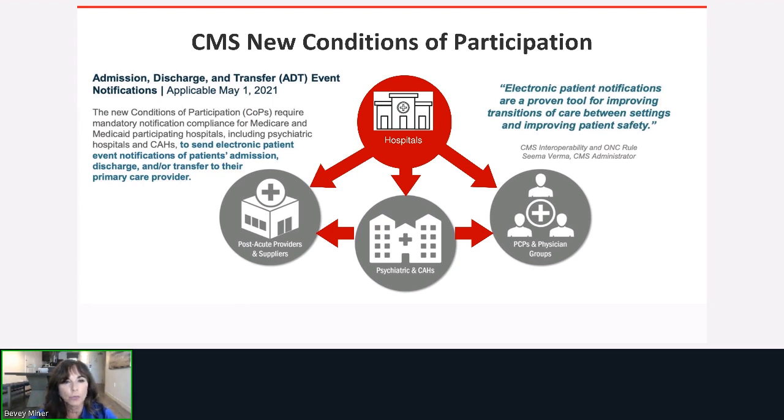It also includes critical access hospitals. This is going to be particularly challenging for critical access hospitals, because they don't have a lot of technology to be able to satisfy an electronic notification. They're running on very short margins. Under COVID, you probably read the news that many of them are threatened to have to close their doors.